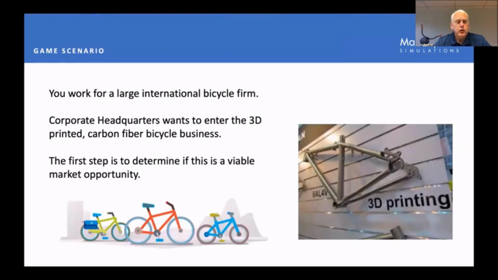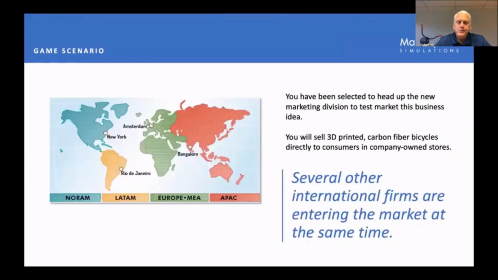So with the story, you work for a large international bicycle firm. Corporate headquarters wants to enter the 3D printed carbon fiber bicycle business. And you are charged with determining if this is a viable market opportunity. All right. So you're heading up a new division within this bicycle company, and you'll be selling 3D carbon fiber bikes.